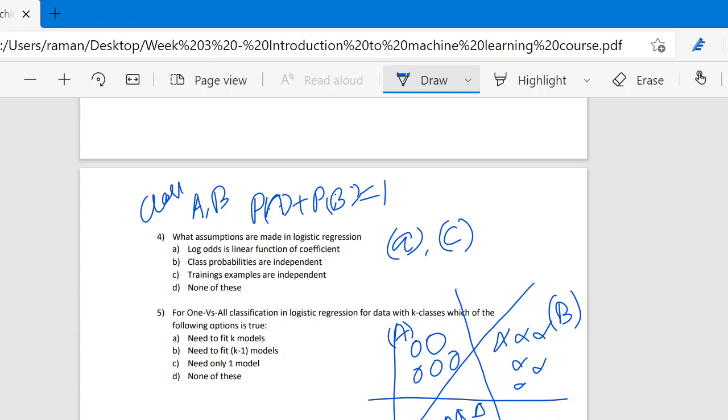So for three classes, we need three decision boundaries. Likewise, for k classes, we need k decision boundaries, and we need to fit k models. So the correct answer will be A.